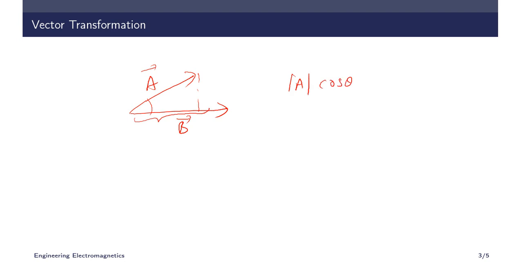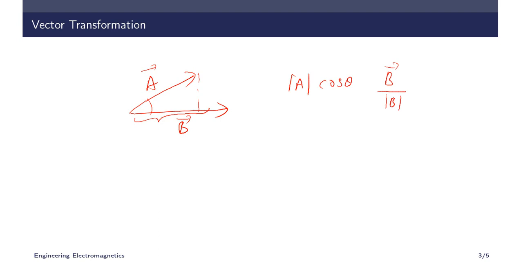Okay, and what is the unit vector along this one? The unit vector along the direction of B will be vector B divided by mod B. Correct? Right?